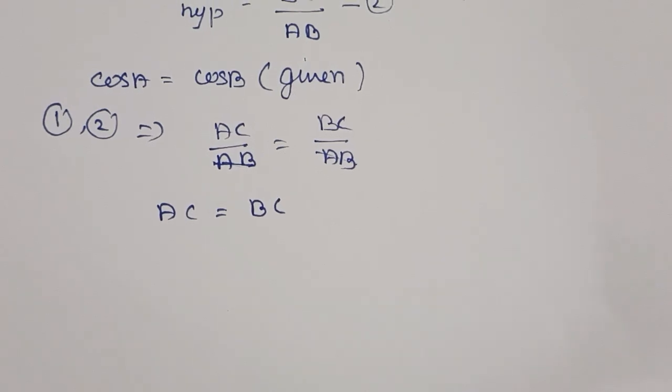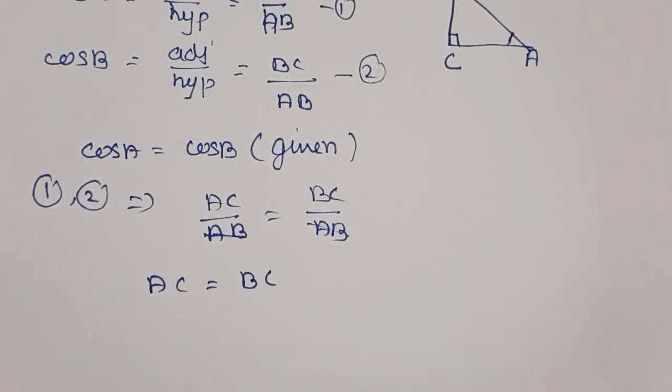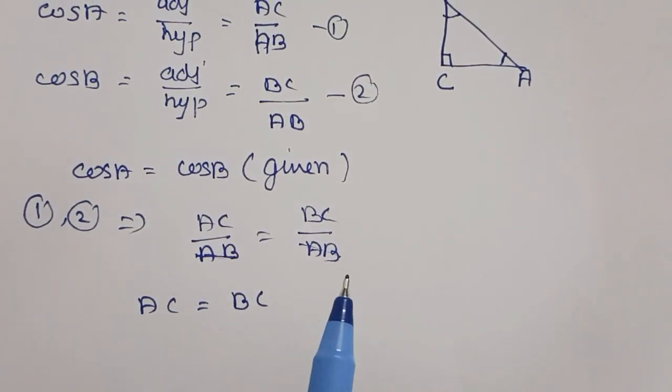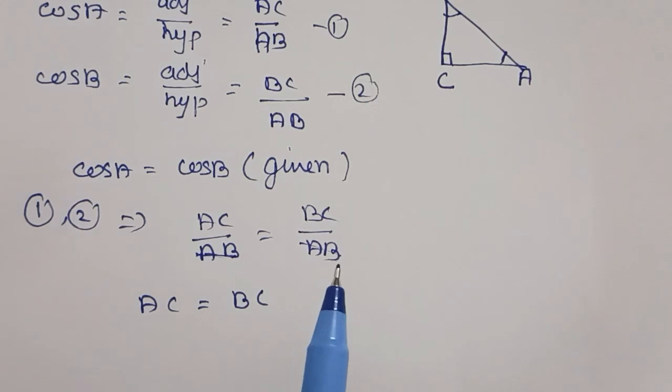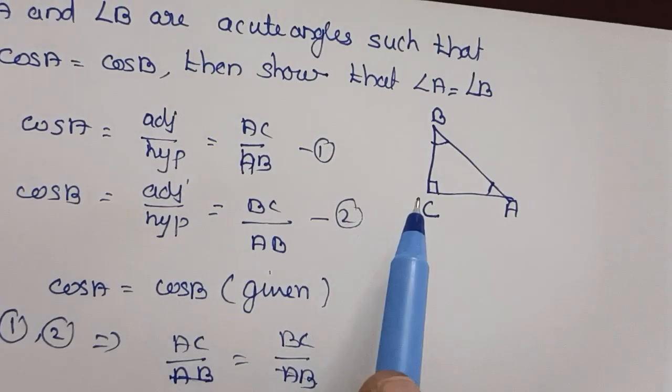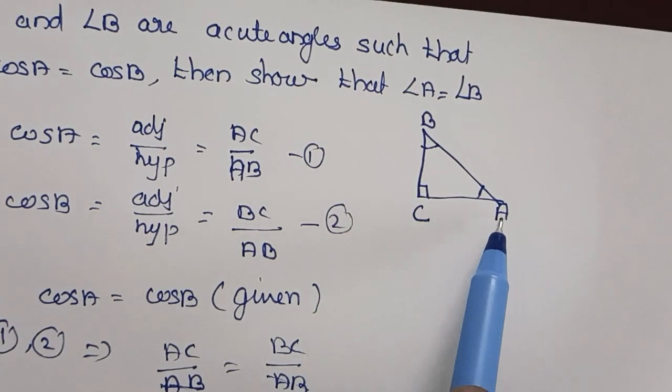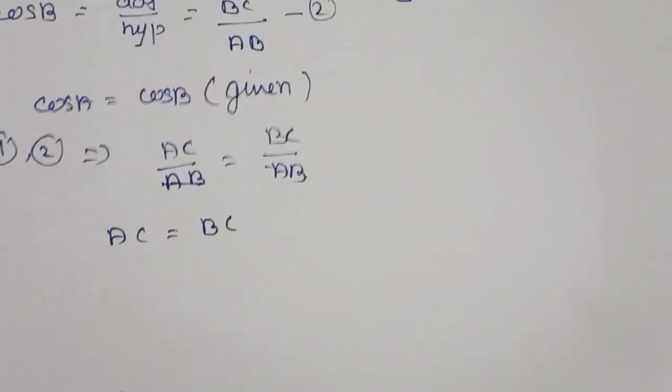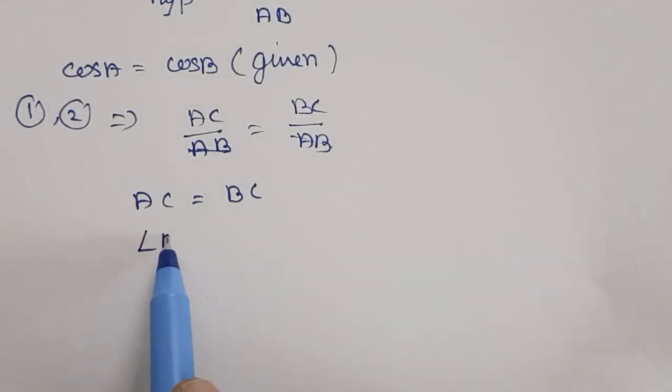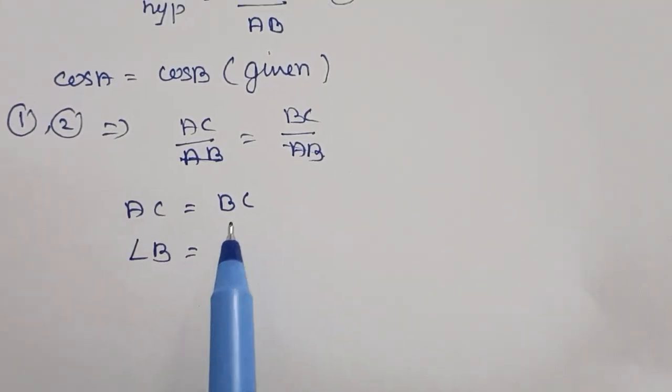Now since AC equals BC, if two sides are equal, then angles opposite to them are also equal, isn't it? Angle opposite to AC is B. Therefore we get angle B equal to angle opposite to BC.